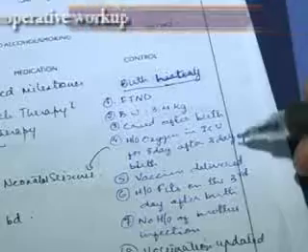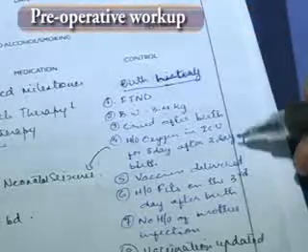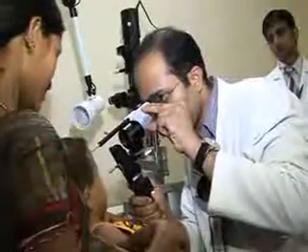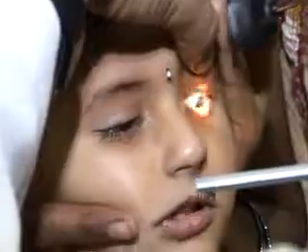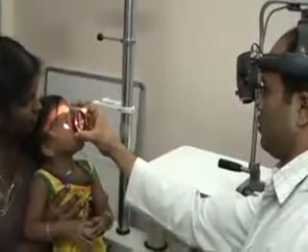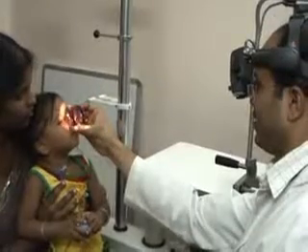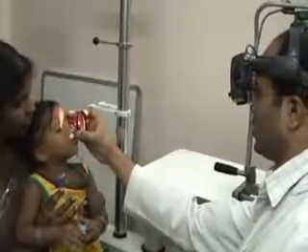Perform the systematic workup for unilateral and bilateral rubella cataract, starting with proper history taking, visual assessment, and examination with handheld slit lamp. Examination under high magnification can be done with a 20 diopter lens in the absence of a portable handheld slit lamp.